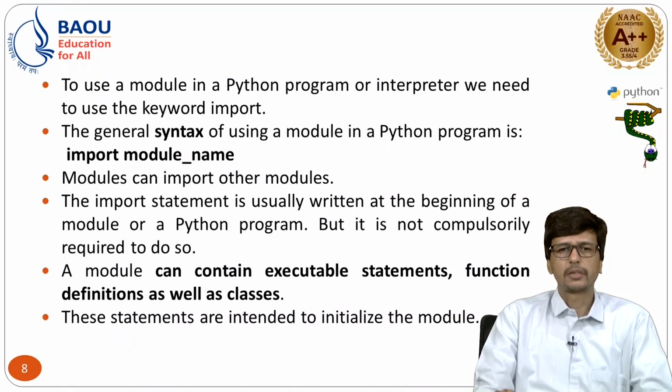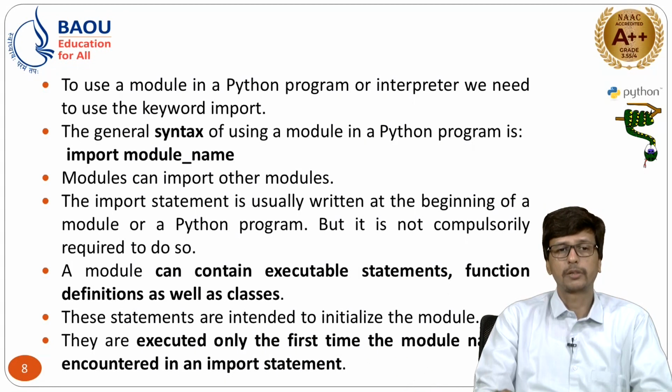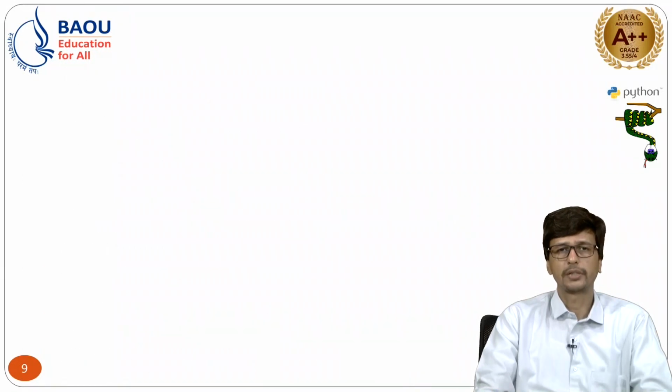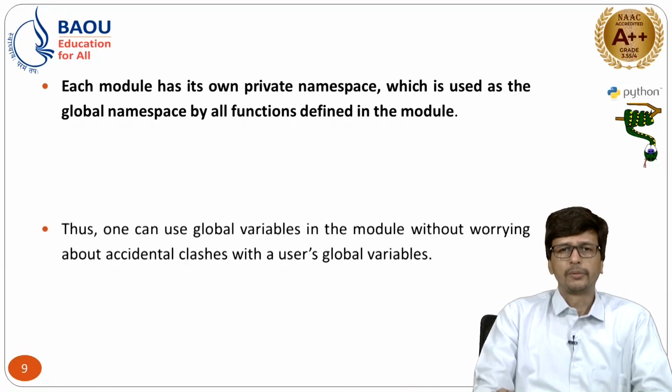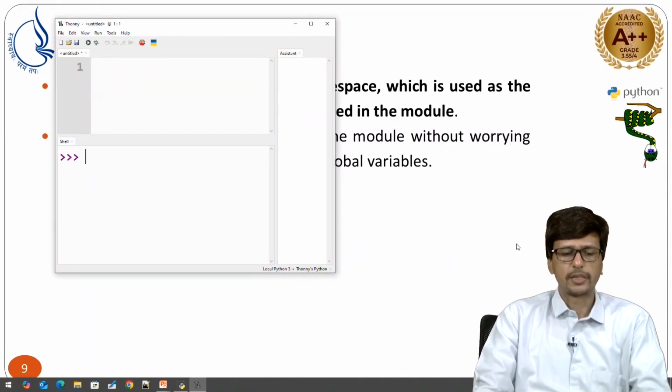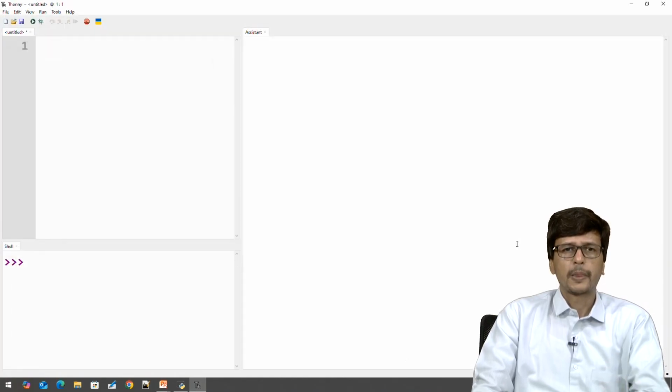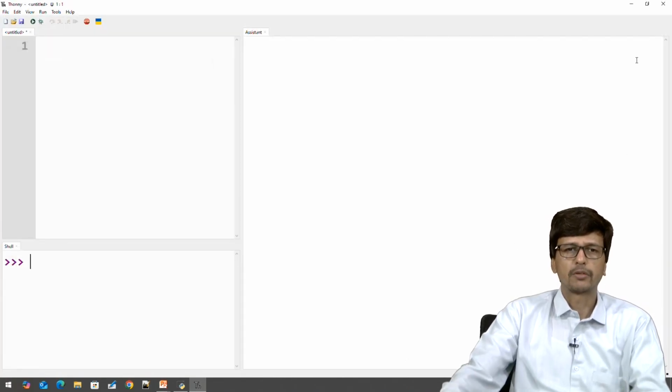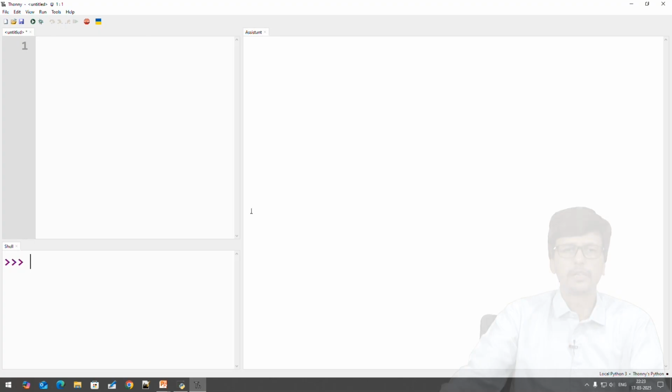Now, as we have discussed, a module contains executable statements, function definitions as well as class names. Now, we will see one demo so you can get more idea. Say for example, if you want to use the math module, that is the inbuilt module available.